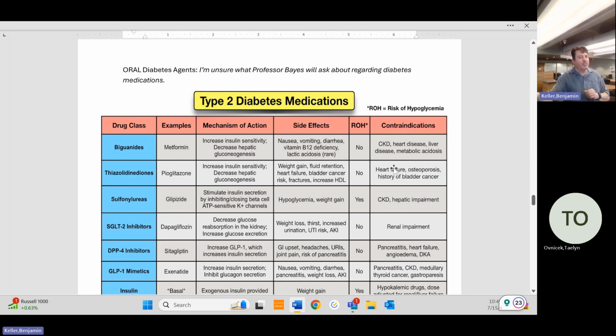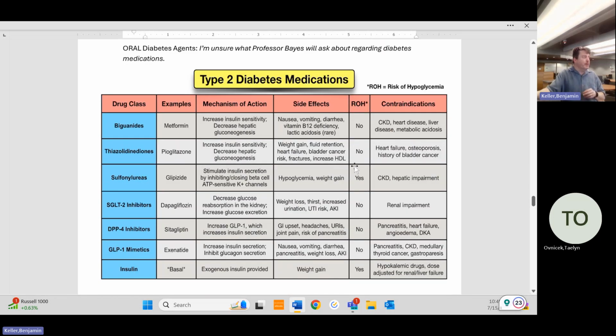I don't know how much Professor Bayes wants you to know about this. So we'll go through here, and this is a pretty good example. I would take a look at this a few times. The thing I would look at here is risk of hypoglycemia, because sometimes you'll see this popping up as a test question, especially with metformin.